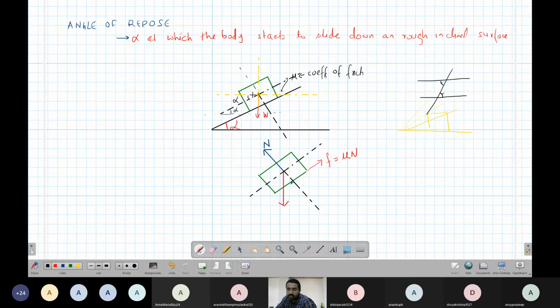At alpha angle, you can see this is 90 degree, this is 90 degree, so this is 90 minus alpha. And you can also observe this is 90, so this will be back to alpha. I hope this is clear.